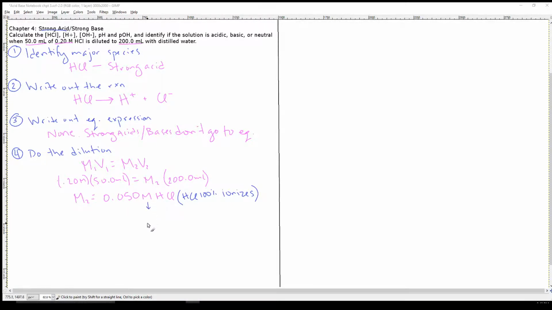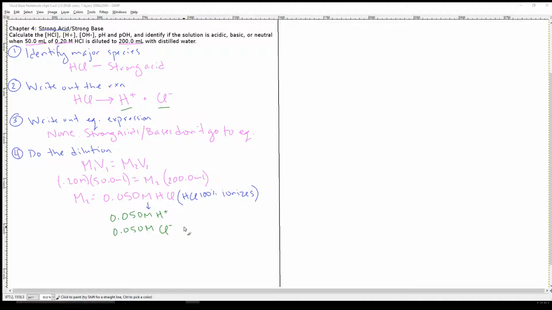Instead, what you're going to want to say is, and I'll use my answer color, I guess we'll use green. At the end, we know we're going to end up with 0.050 molarity hydrogen ions and, not hydroxide, I'm sorry, we are dealing with hydrogen and chloride, so it's 0.050 molarity chloride ions.